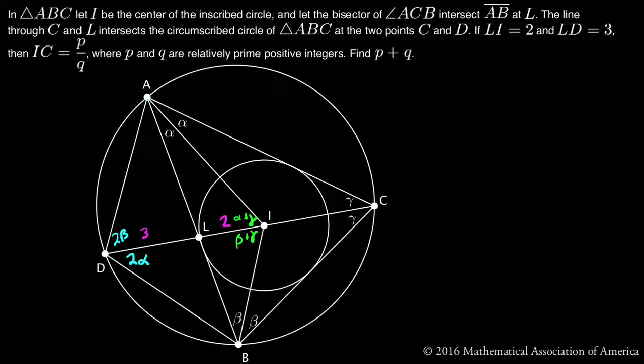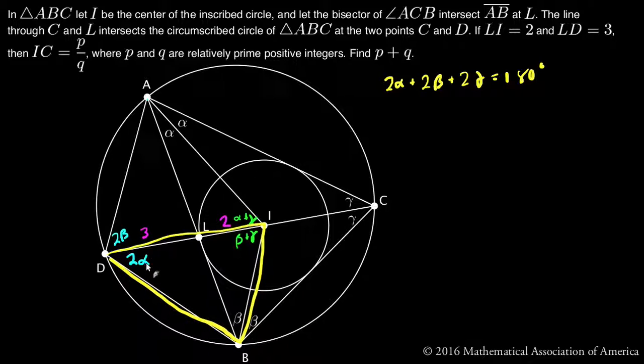Now I know from this large triangle ABC that 2 alpha plus 2 beta plus 2 gamma will equal 180 degrees. Let's consider this triangle here.